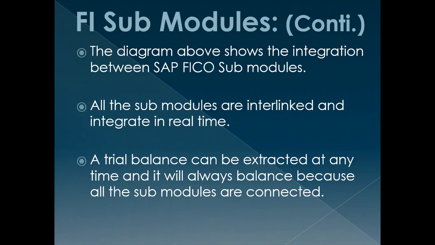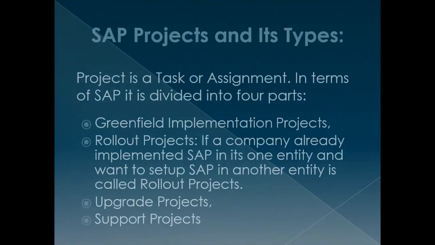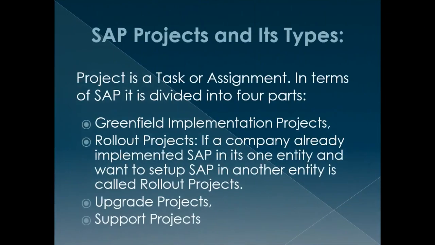For example, vendor accounts is related to accounts payable and linked with general ledger. Customer accounts is related to accounts receivable, which is linked with general ledger directly. Bank account is also linked with general ledger. Asset account is also linked with general ledger.